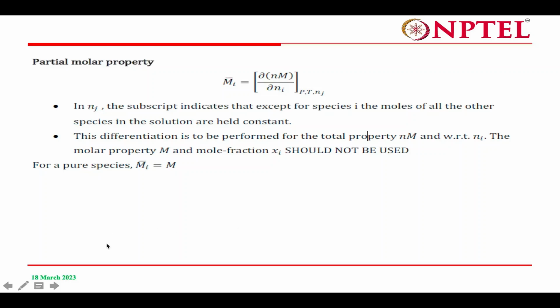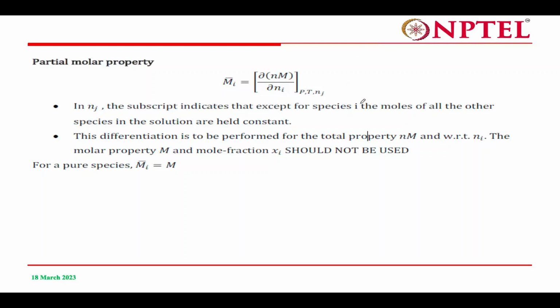Coming to the partial molar property, Mi bar is equal to the derivative of nM with respect to ni at constant pressure, temperature and nj. Here the subscript nj indicates that except for species i, the moles of all other species in the solution are held constant.